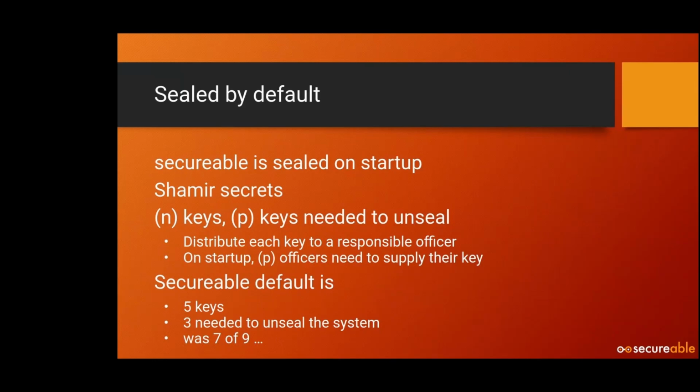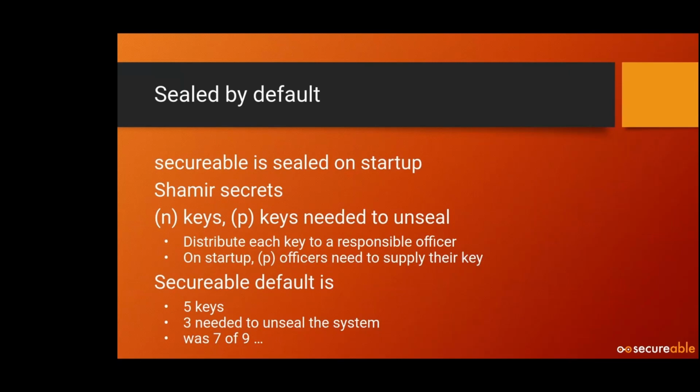It's sealed by what's called Shamir secrets. So you have effectively a password that is split into several keys, and you can specify what number of keys is needed to decrypt the master key. So basically, if someone goes on holiday, for example, you don't have an issue because that person's key isn't necessarily needed as long as you have a quorum.